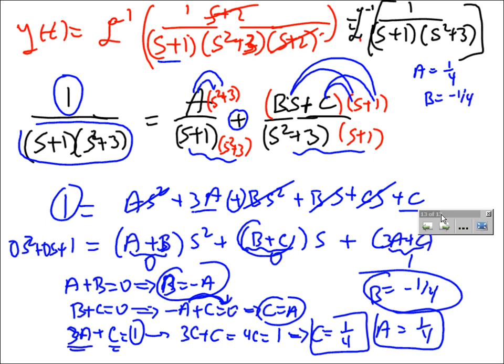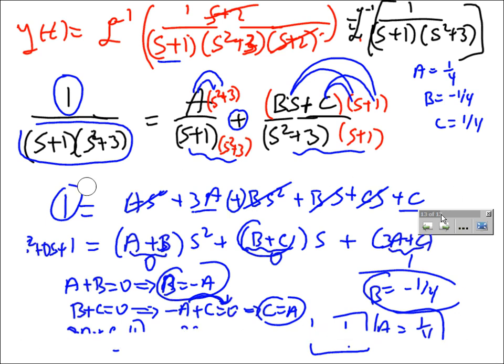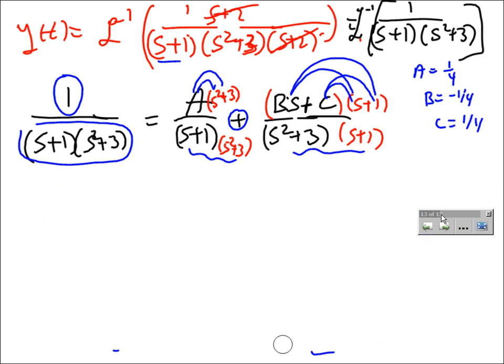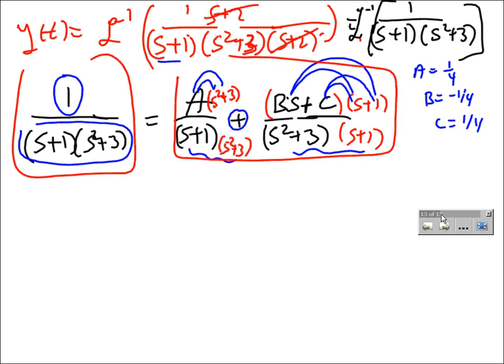B is negative 1/4. And C is 1/4. So let's rewrite this, plugging in the correct values for the A and the B. And we don't need the multiplication of 1 anymore.